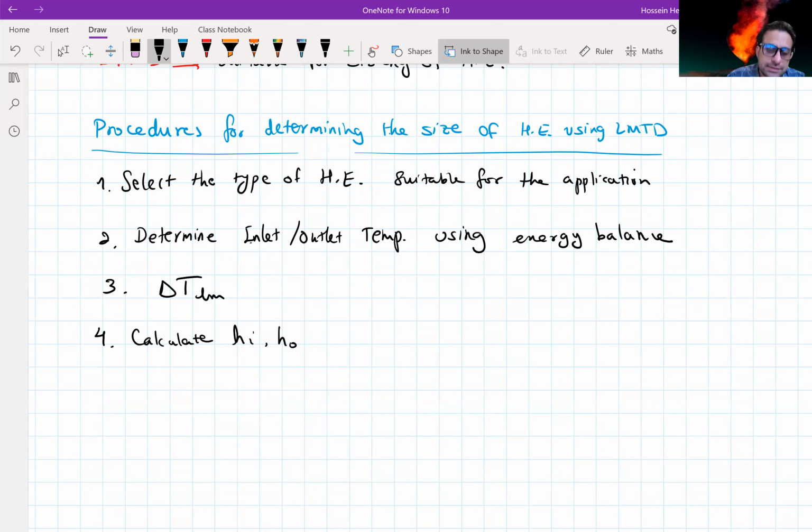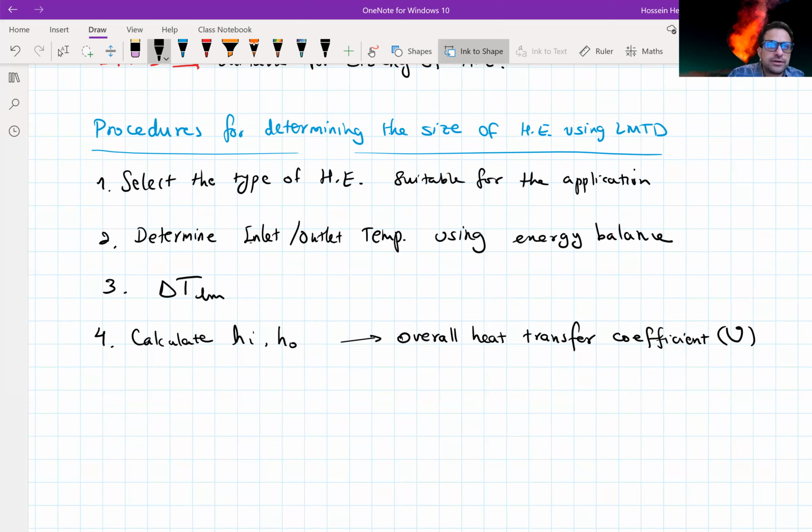But then we define this convective heat transfer, and then we calculate or determine the overall heat transfer coefficient, U.